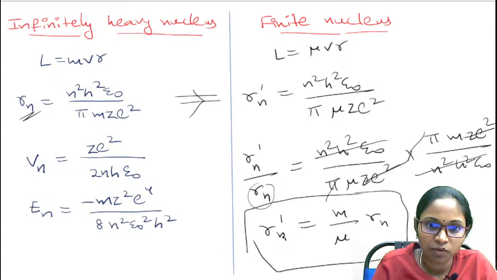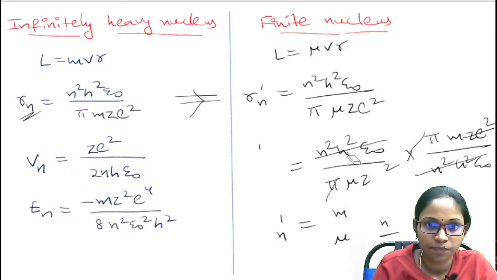This is the radius for finite nucleus, and this is the radius for infinite nucleus for the nth orbit. This is the relation between the radii.